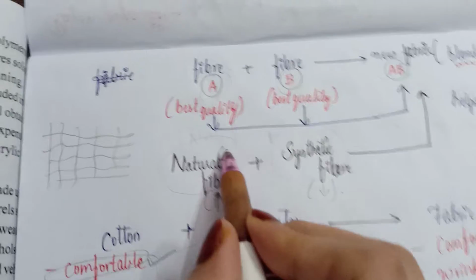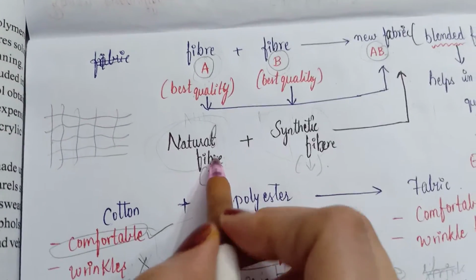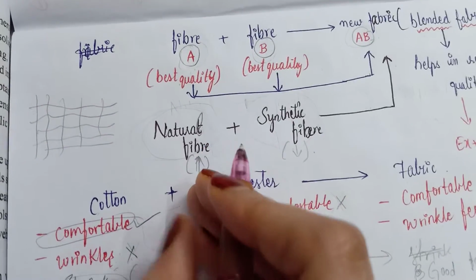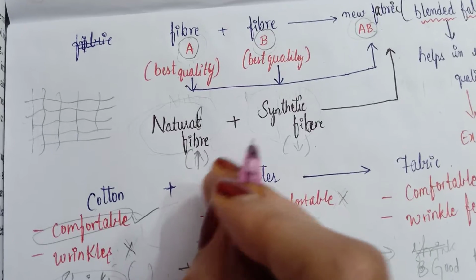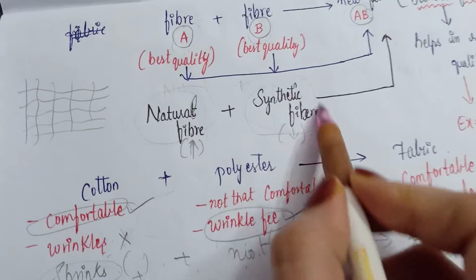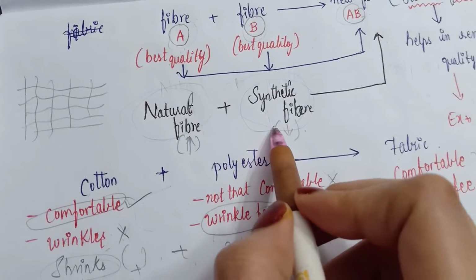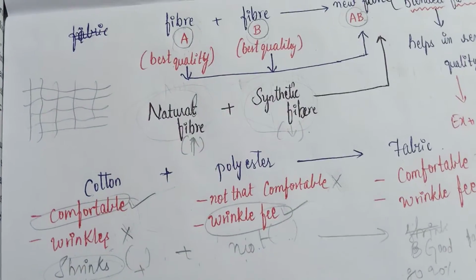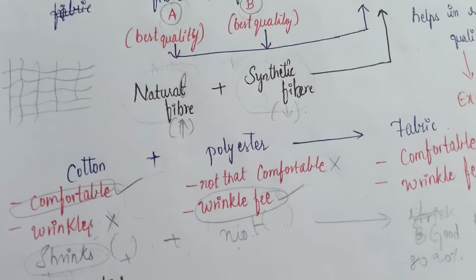If natural fibers are more, natural fibers are free from chemicals, so it allows the skin to breathe easily, while synthetic fibers are man-made and have many chemicals, so this will create some irritation on the skin.